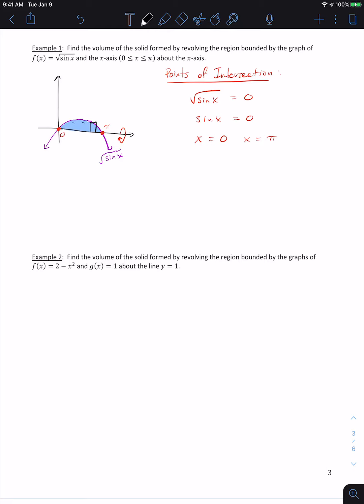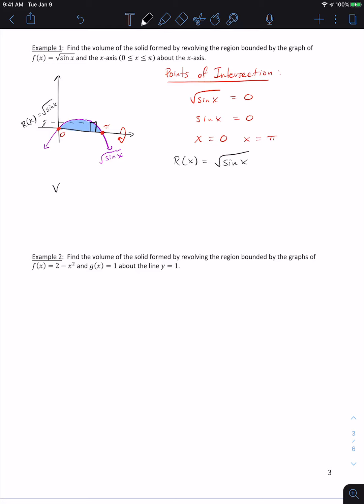So I'm going to draw a dotted line here to say that that's our radius function. And how do we get the radius, or the height of each one of those rectangles? Well, that comes from radical sine x. So in this case, our r of x is equal to radical sine x.